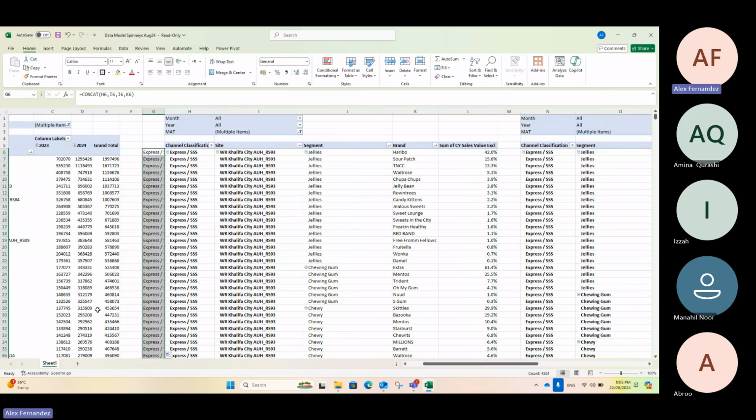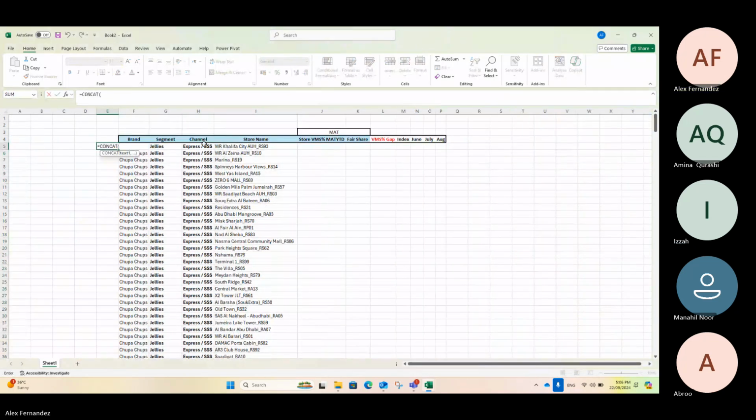Here also we do it: channel, store, segment, and brand.